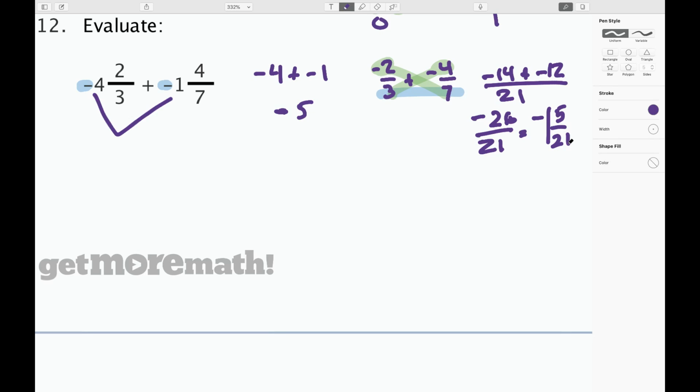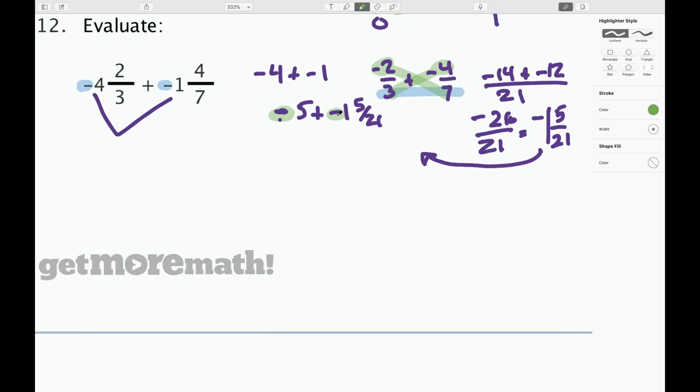Okay, so again, those sign rules. I had same, so I added, they're both negative. And then I made it mixed. So now I bring this back into the original problem. So I have -5 plus -1 and 5 21s. So again, they're same sign. It could be possible something happened and our signs got different, but probably not.